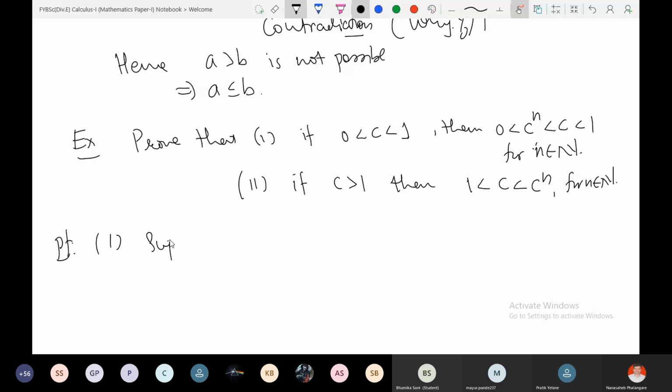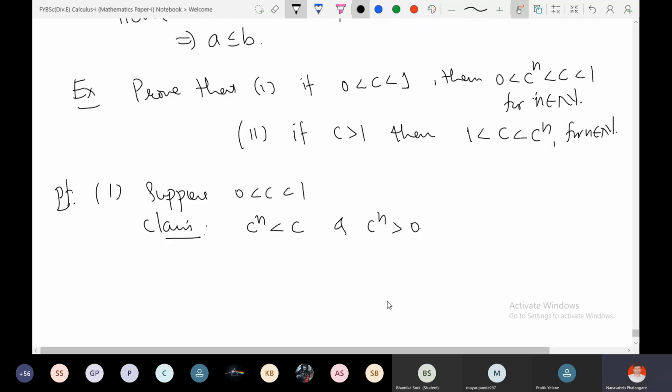Suppose 0 less than c less than 1. So what is our claim? Our first claim is c raised to n is less than c and c raised to n is positive.